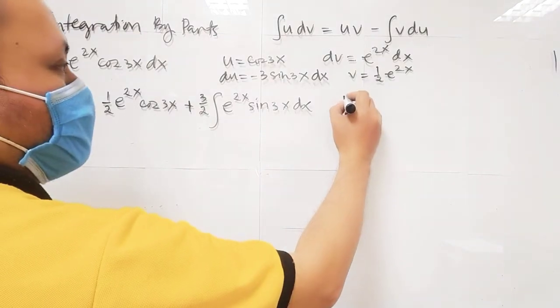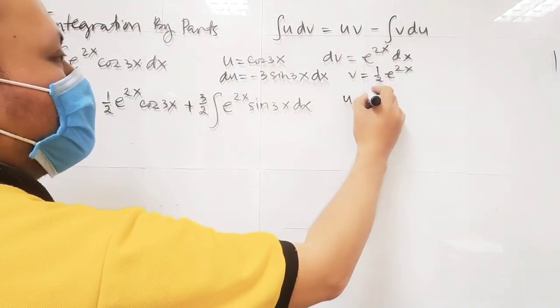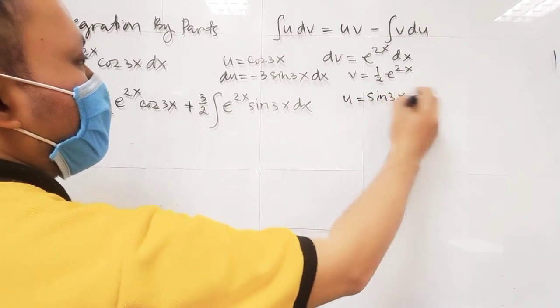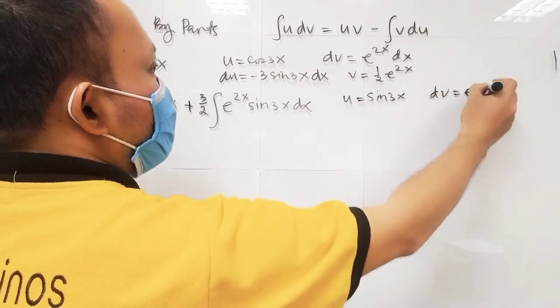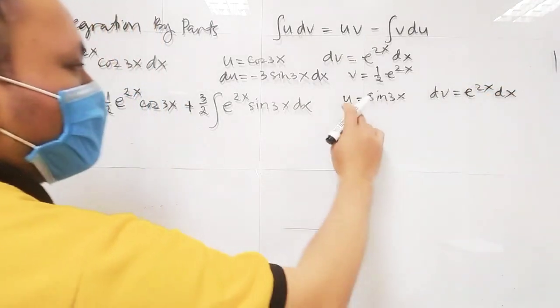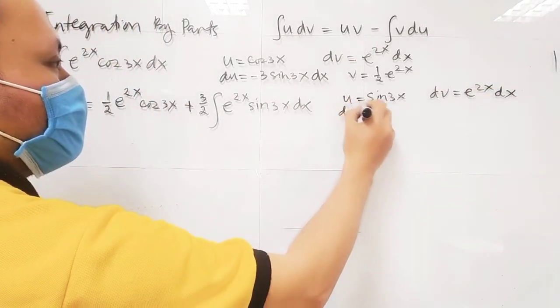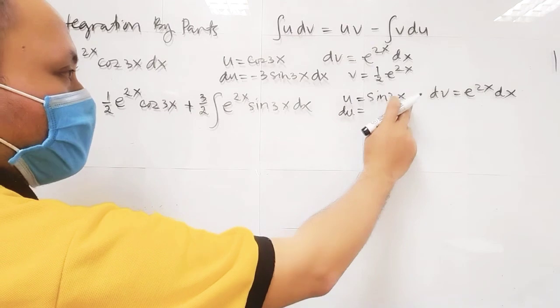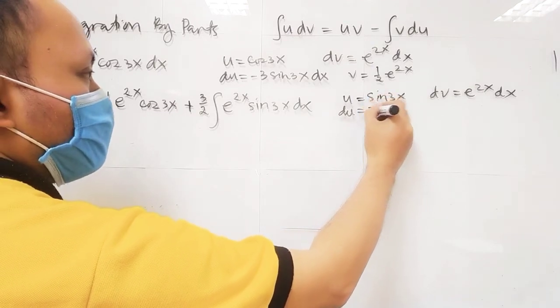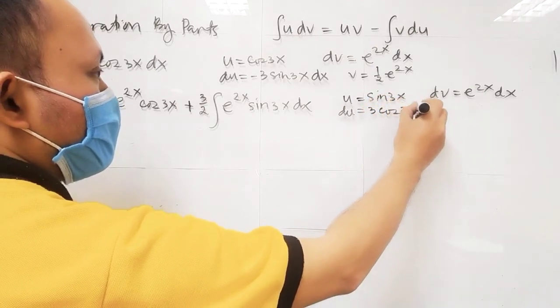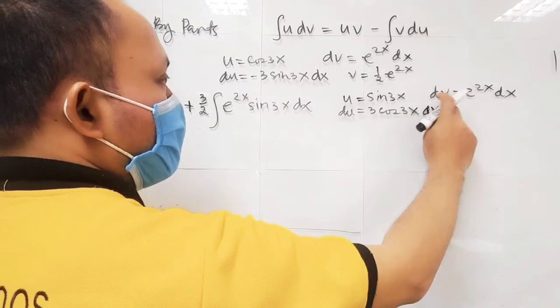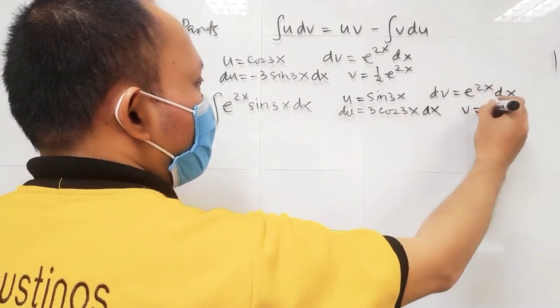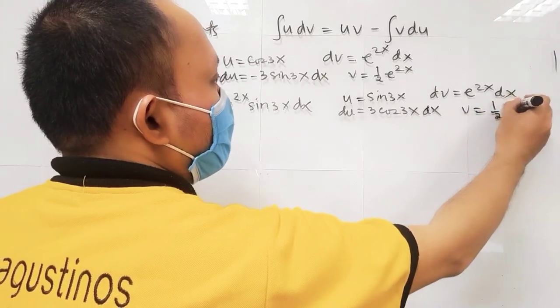Our u, for this case, is sine 3x, so that our dv is equivalent to e 2x dx. And then the derivative of u equals the derivative of sine, which is cosine 3x times 3, that is 3 cosine 3x dx. And then the integral of dv, v, equals 1 half e 2x.